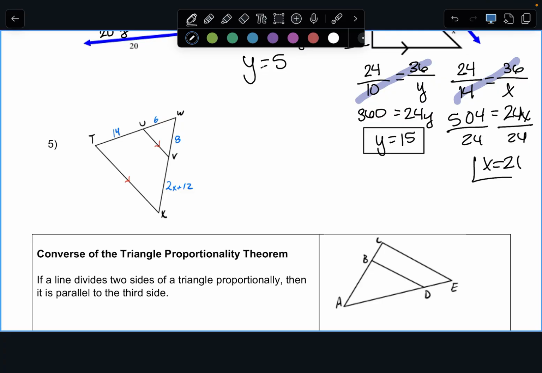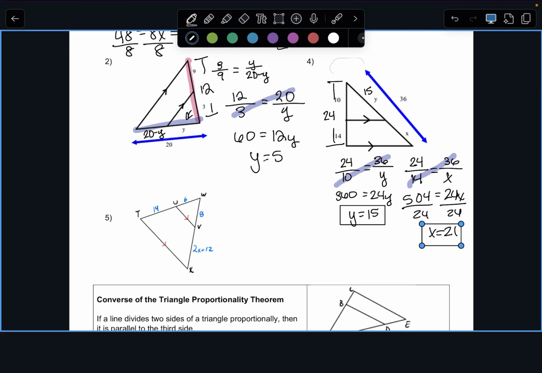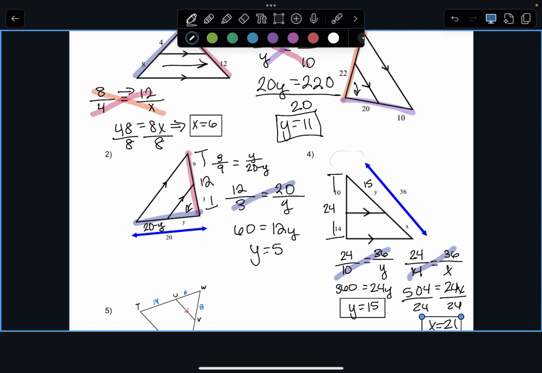You would get 21 for x. Questions on any of those ones using part over part or whole over part?